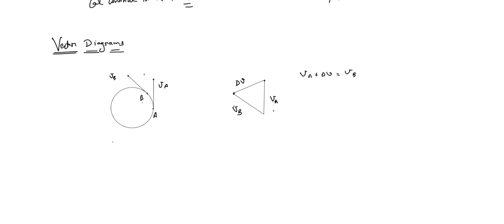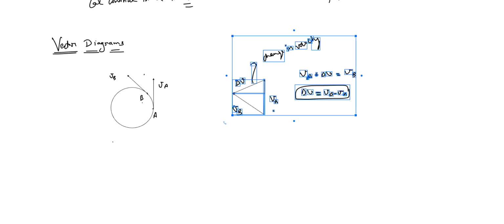So delta V will be equal to VB minus VA, right? So here delta V is the change in velocity.